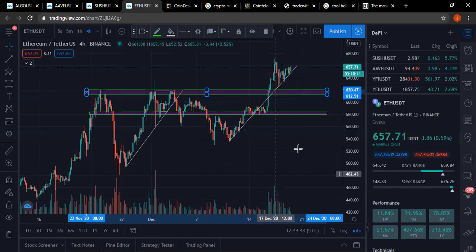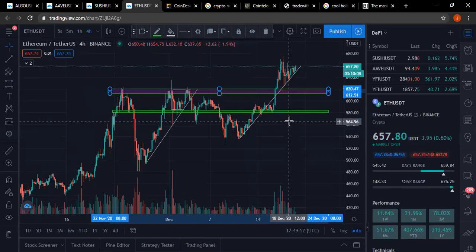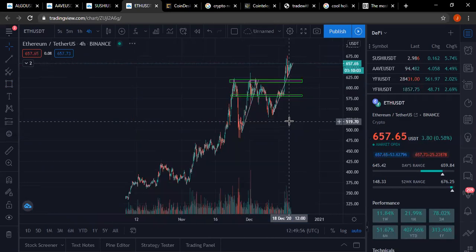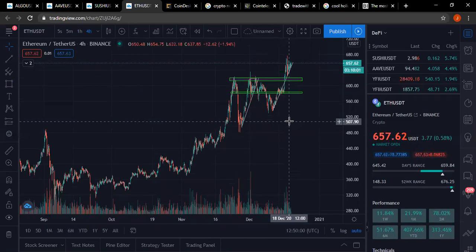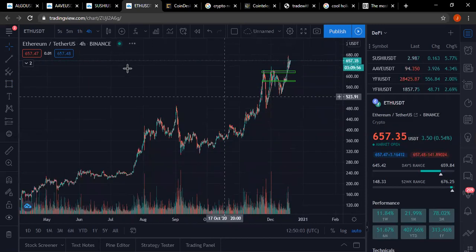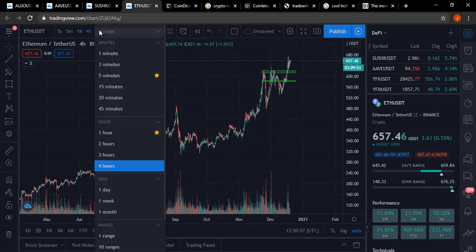Okay, so you've gotten this. The next thing you need to do, using a bigger view of this chart, is try to map out the areas of support. By the way, this can also extend. Now you're not seeing anything here. Well, I guess this is Ethereum.